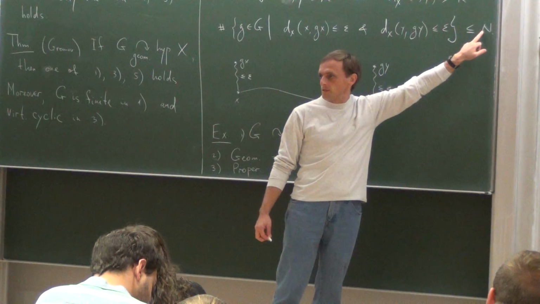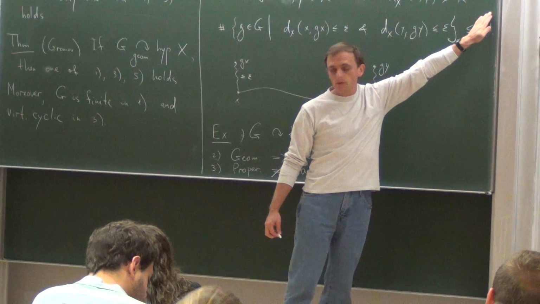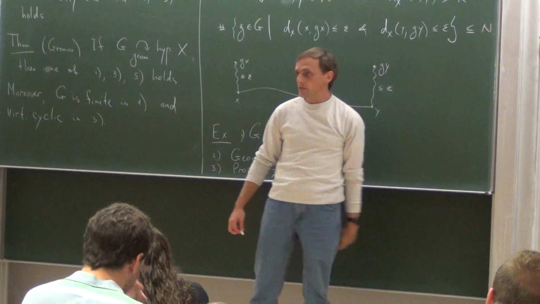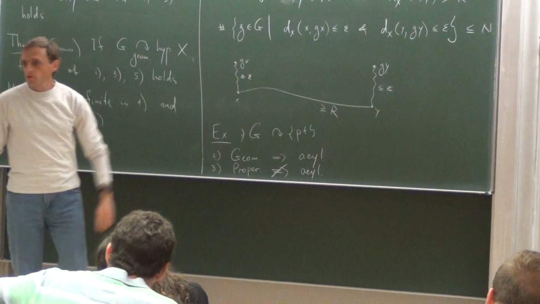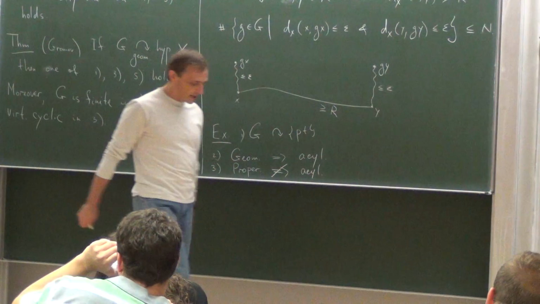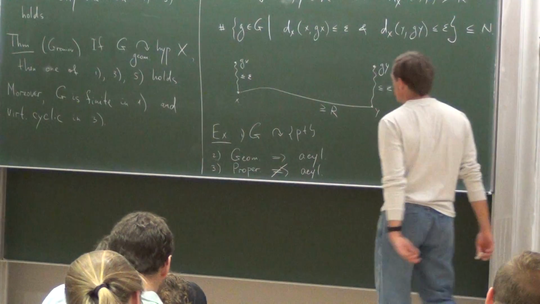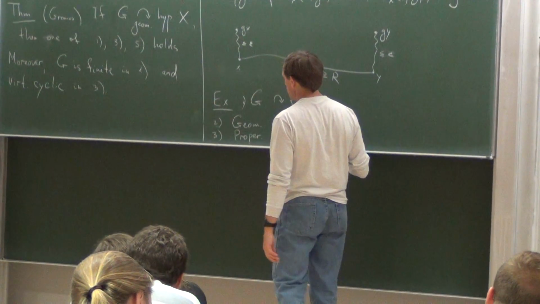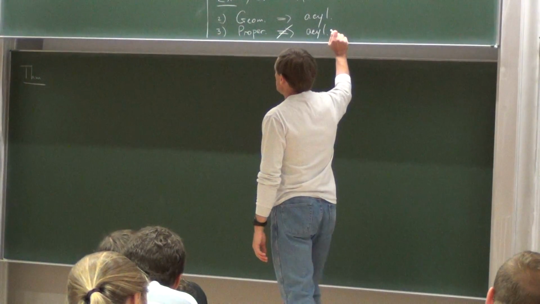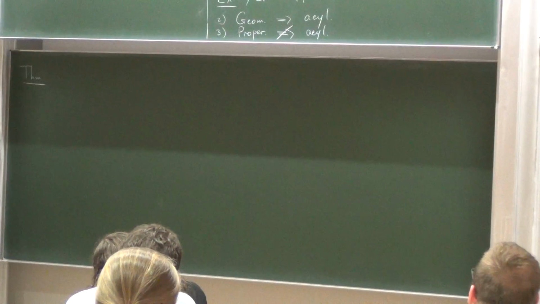And that uniformness doesn't follow. So if you replace N with infinity, just request that this is less than infinity, then it follows. But this uniform version doesn't. As I said, every countable group has a proper parabolic action on a hyperbolic space, and that can be used to find an example of a proper action which is not acylindrical.